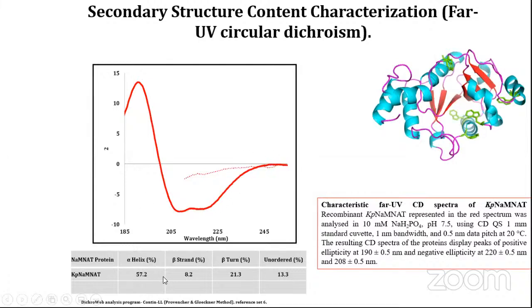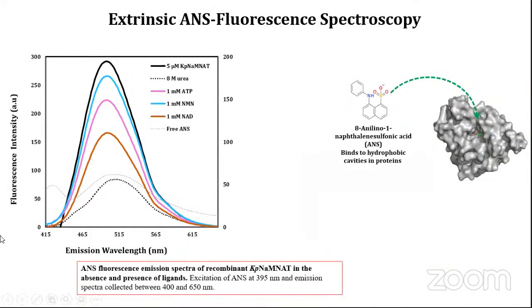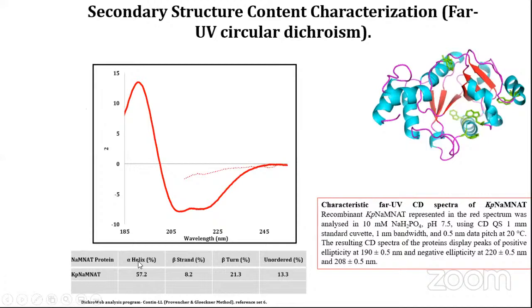This was confirmed by submitting the data to DichroWeb analysis, and the data shows that the protein is alpha helical, with about 57% alpha helix, and this also correlates with the predicted structure from Swiss-Model.